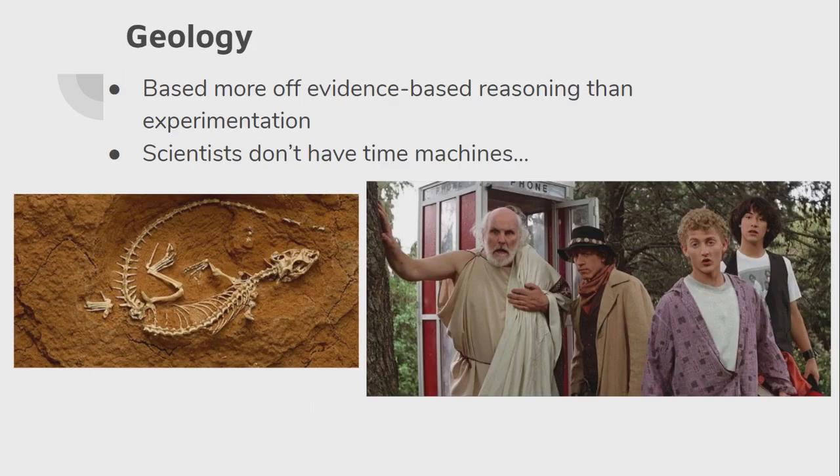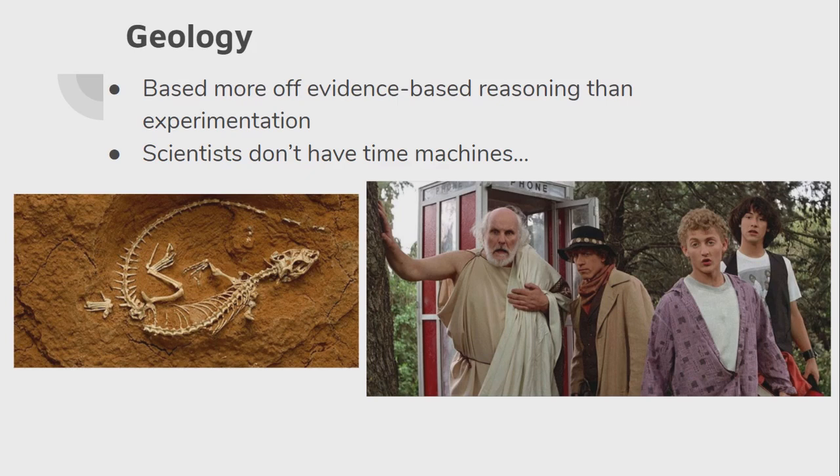To answer those last two questions of how do we know all the stuff that I'm about to talk about, it largely depends on the subject of geology. And geology is a little bit different than other sciences. It's based more on evidence-based reasoning than experimentation. The reason is that scientists do not have time machines. We cannot go back in time and see what Earth looked like 4 billion years ago.